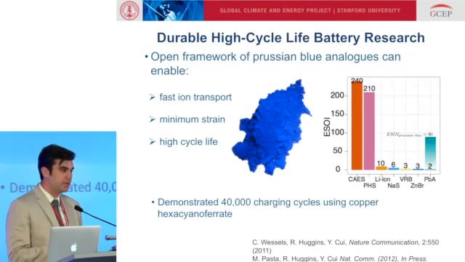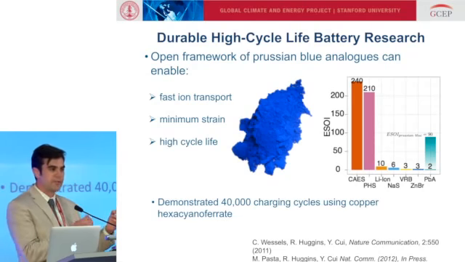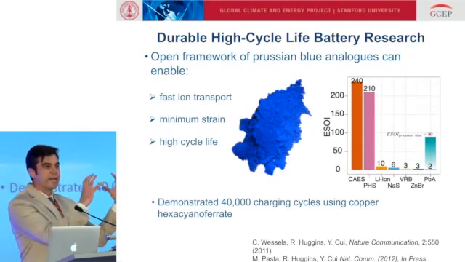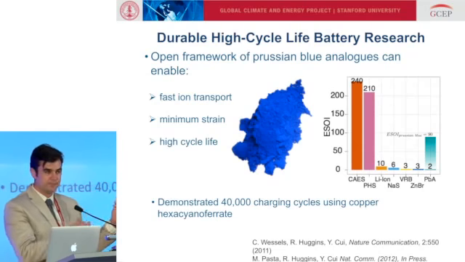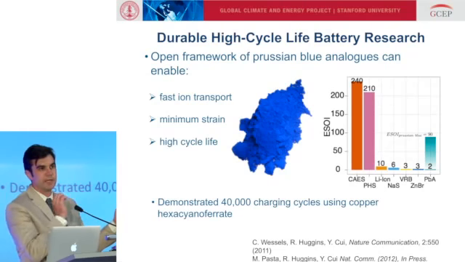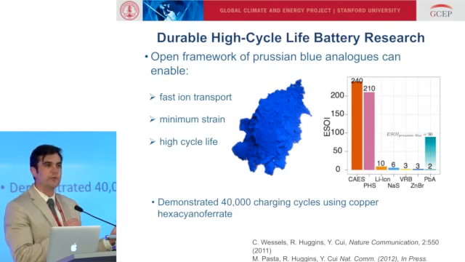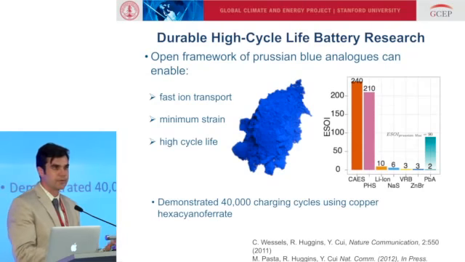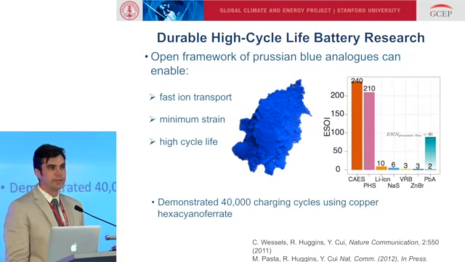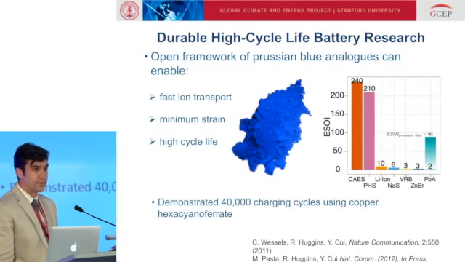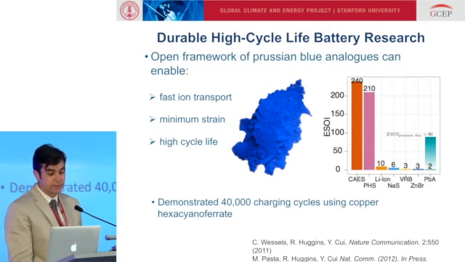Now, Prussian blue provides this mineralogical framework of metals and transition metals that builds this cage that the monovalent and divalent elements can enter and exit over and over and over again without mechanical stress. And so this leads to really, really high cycle life. And so this work by Professor Huggins and Professor Shui and their postdocs have demonstrated over 40,000 cycles.